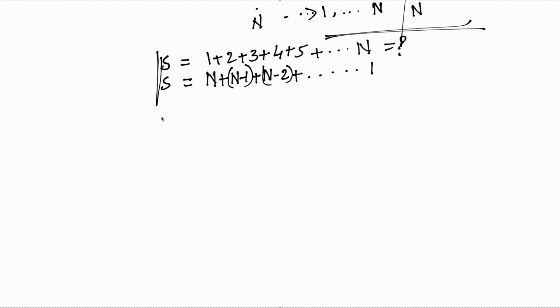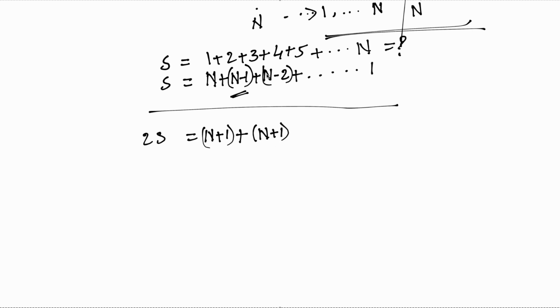If we sum these two, it becomes 2s. What is it? 1 plus n is n plus 1, 2 plus n minus 1 becomes n plus 1, and n minus 2 plus 3 also becomes n plus 1, and it continues the same, and at the end also it's n plus 1, right?